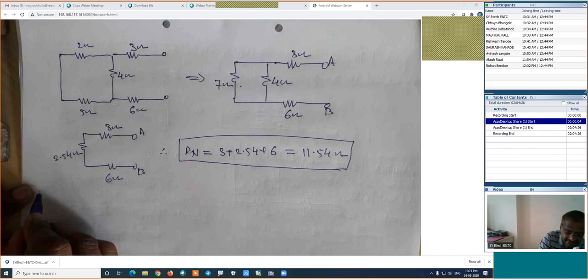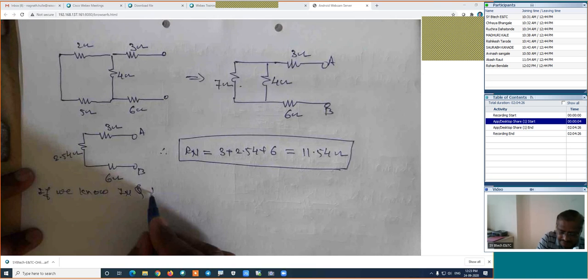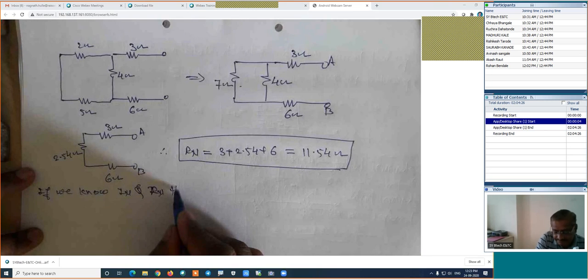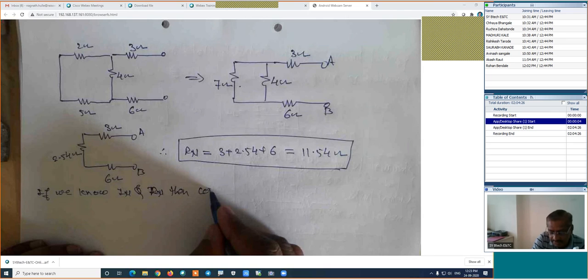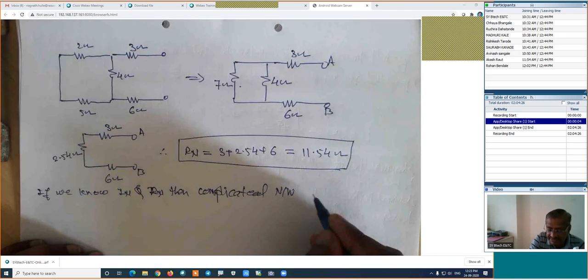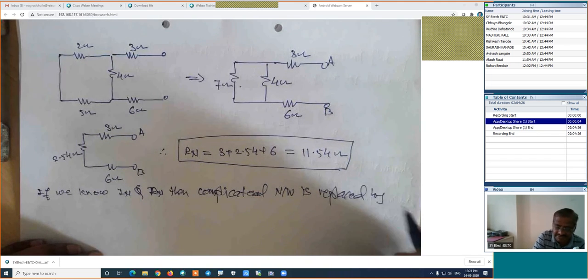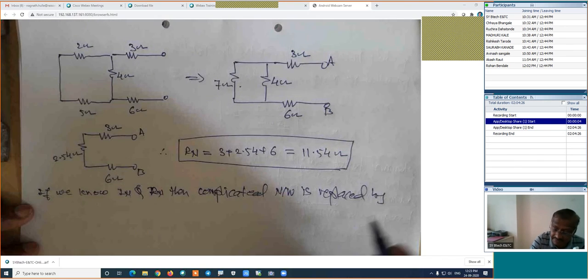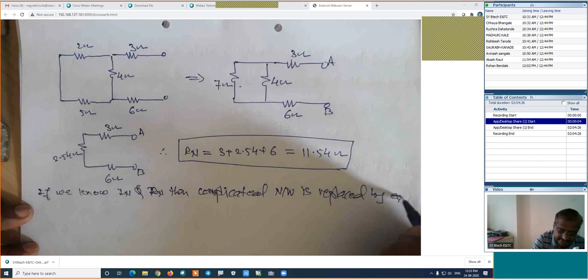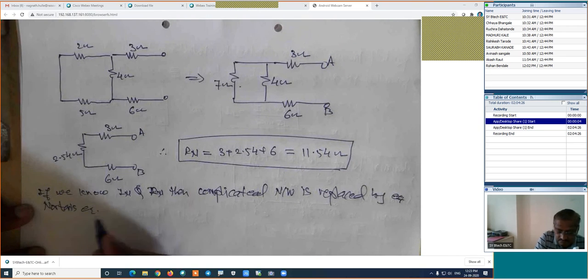And finally, if we know IN and Rn, then the complicated network is replaced by Norton's equivalent network.